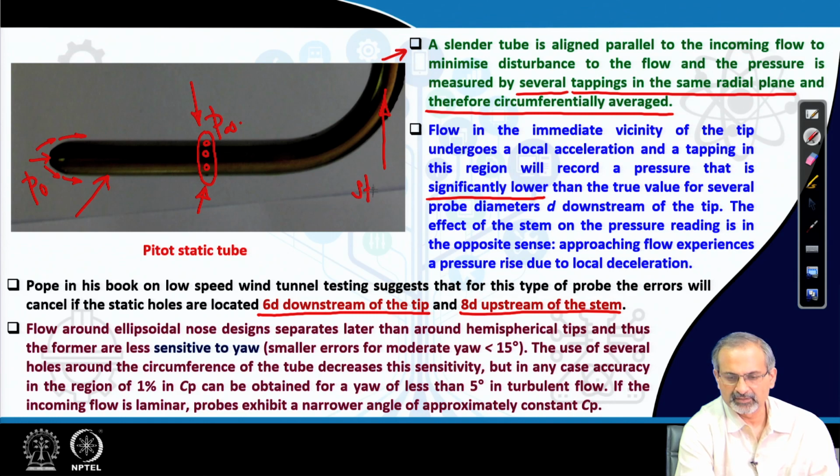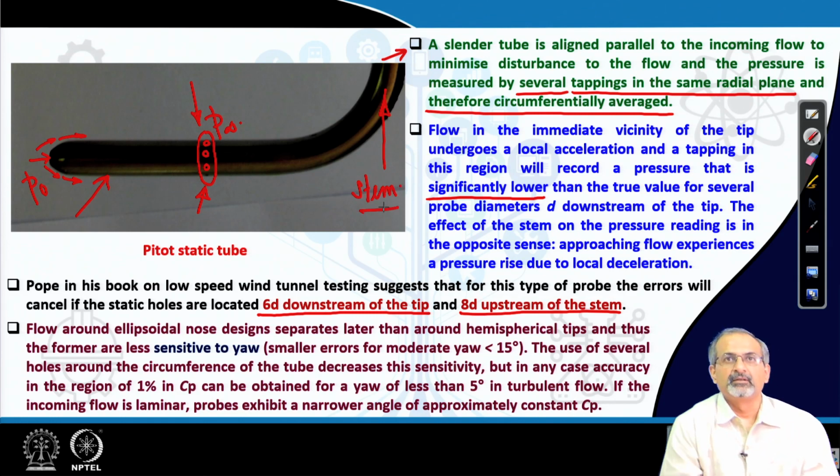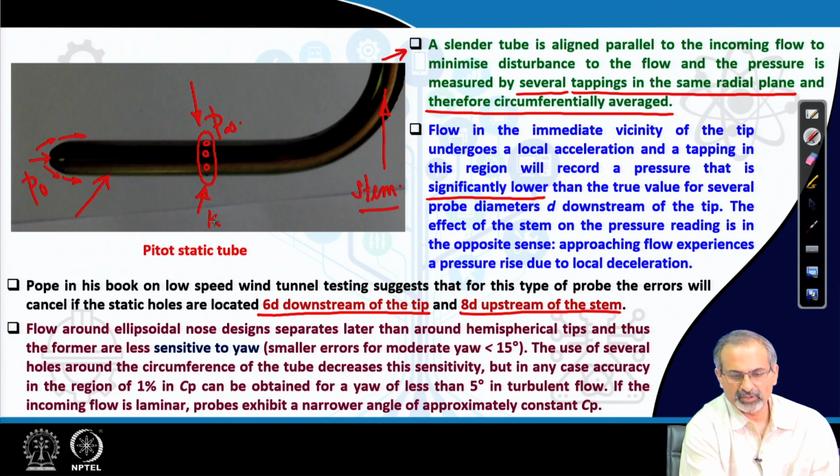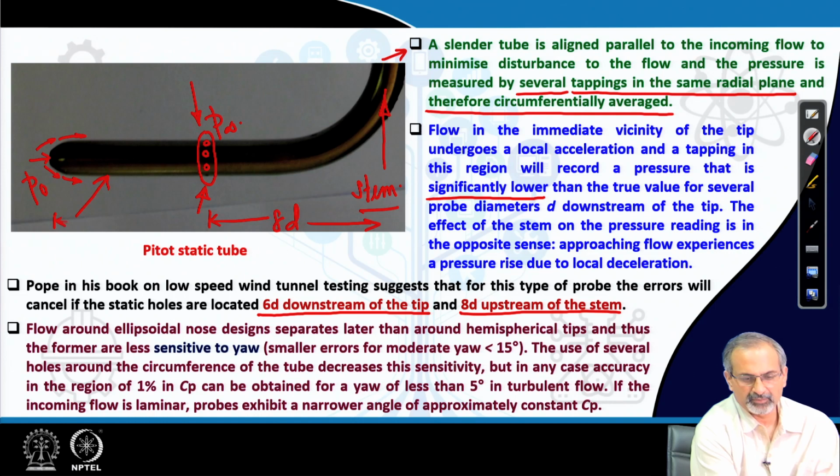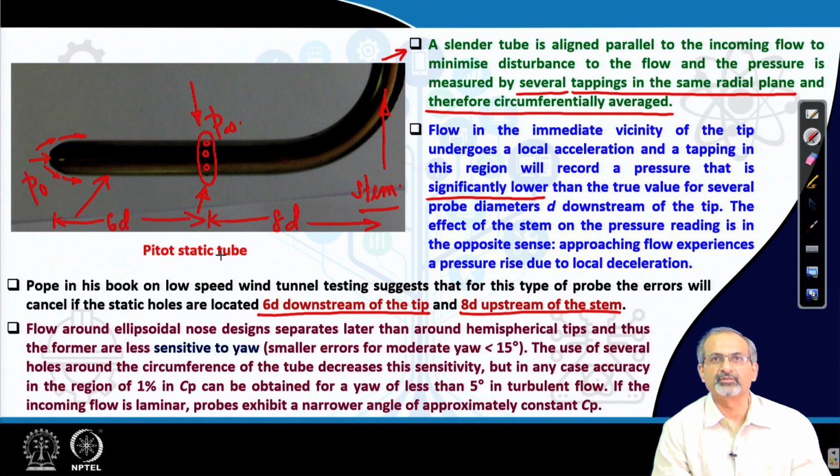So, after the corner, you have a vertically upward moving stem. We are talking about an 8d distance with respect to the stem and about a 6d distance from the tip for the location of the static ports.